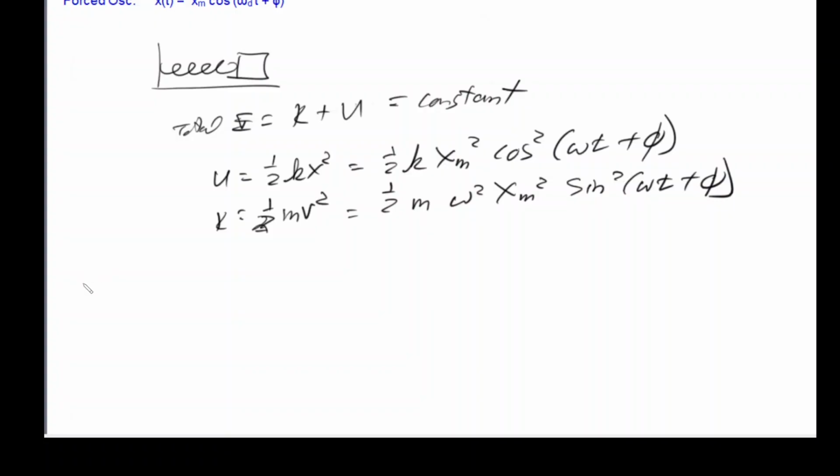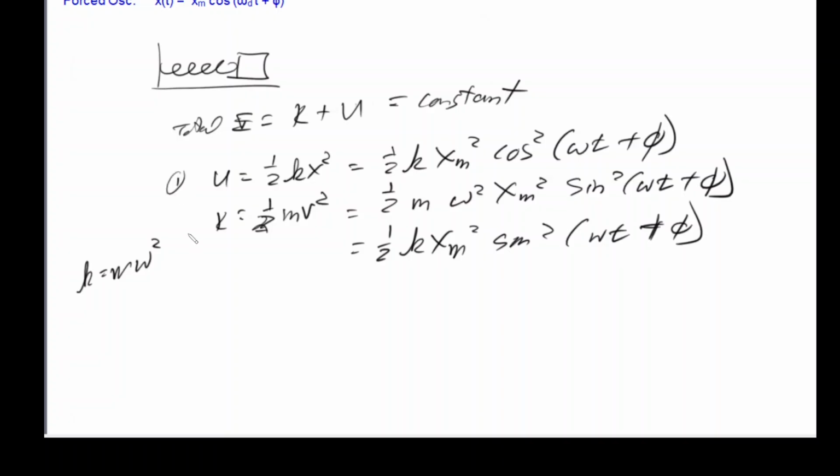Now, we know that k is equal to m times omega squared, so the kinetic energy becomes 1/2 k xm squared sine squared omega t plus phi.